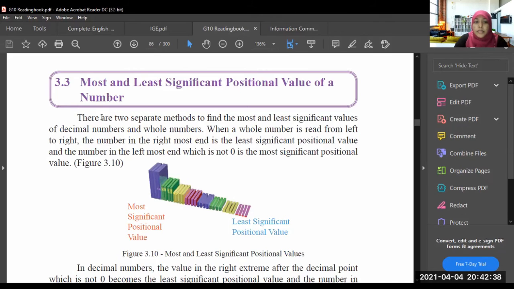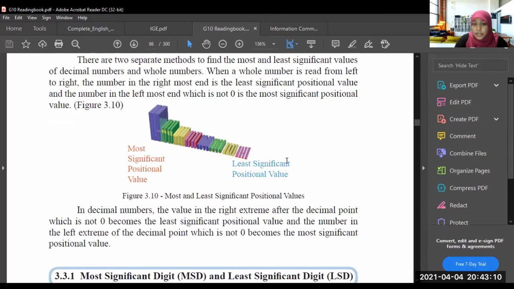Let's go. There are two separate methods to find the most and the least significant values of decimal numbers and whole numbers. When a whole number is read from left to right, the number at the rightmost end is the least significant positional value, and the number at the leftmost end, which is not 0, is the most significant positional value.